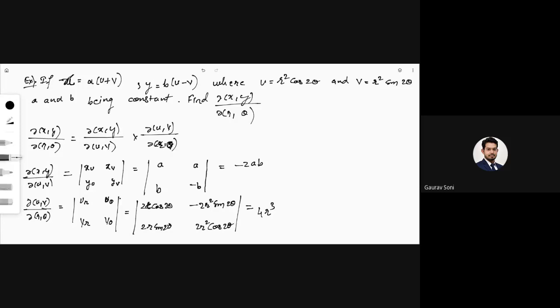So the Jacobian of x, y with respect to r, theta is going to be minus 2ab into 4r cube, which is equal to minus 8abr cube.